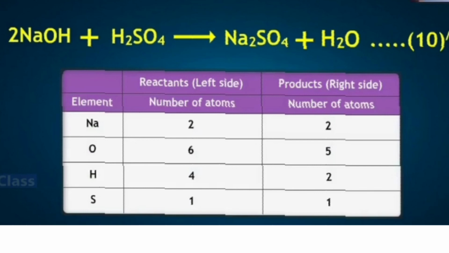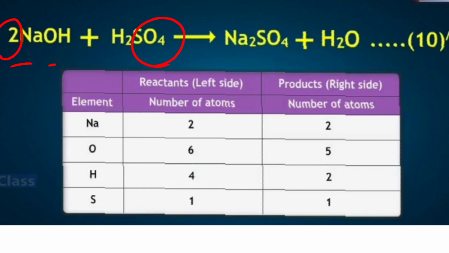When you do this, you will observe that now Na is balanced, 2 and 2, but oxygen is 6 and 5. Observe, count. Oxygen here is 4 and this is 2 times O, that is 2. This 2 means it is multiplied to all the things, Na also, O also and H also.